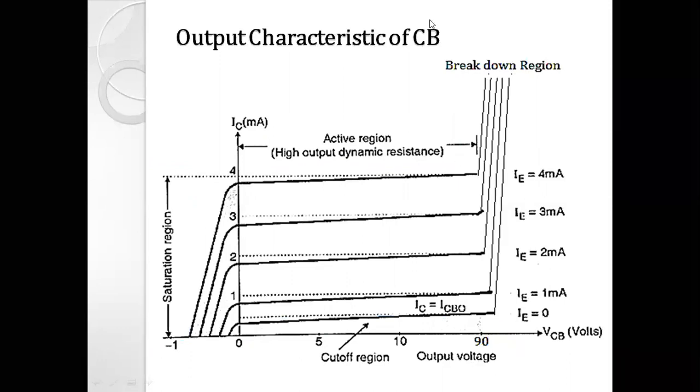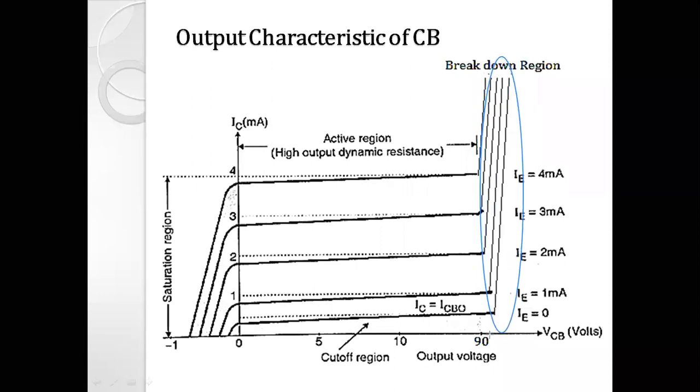of common base configuration. What is this breakdown region in the output characteristic that I'm going to explain? The breakdown region is shown over here. Let me highlight that region. This is the breakdown region, right?